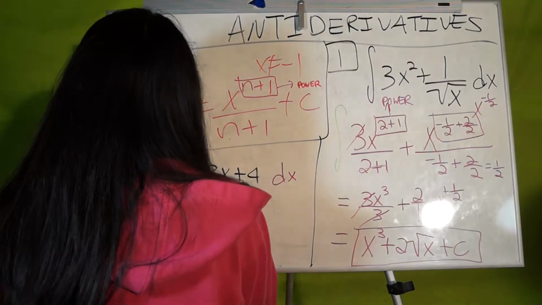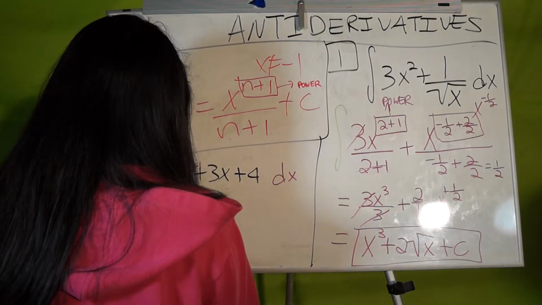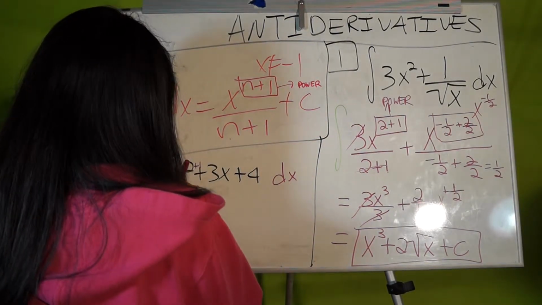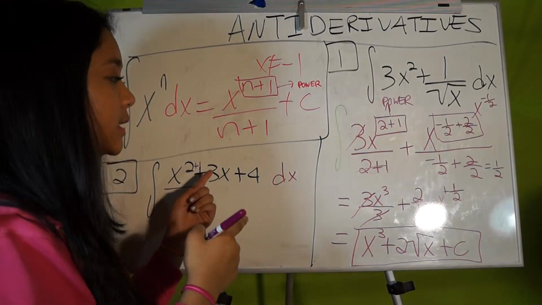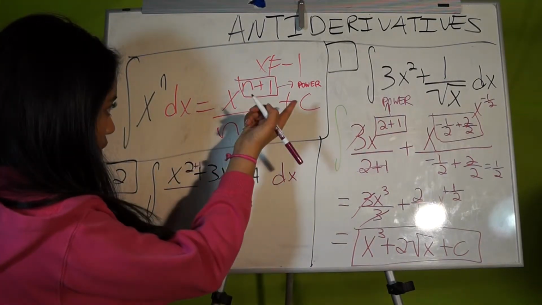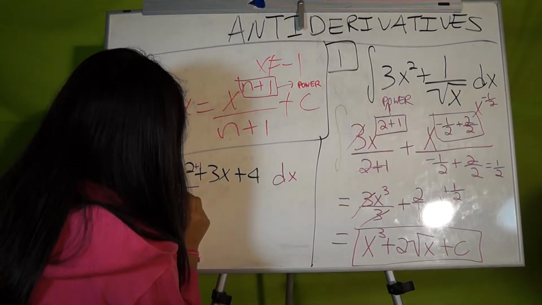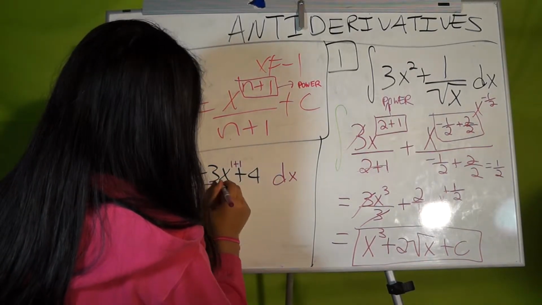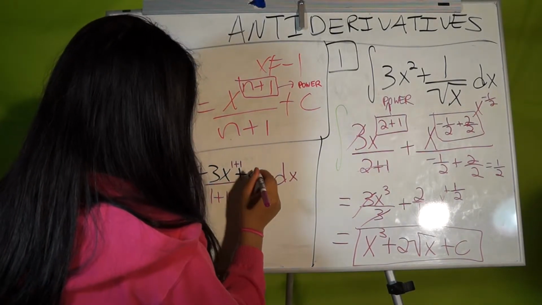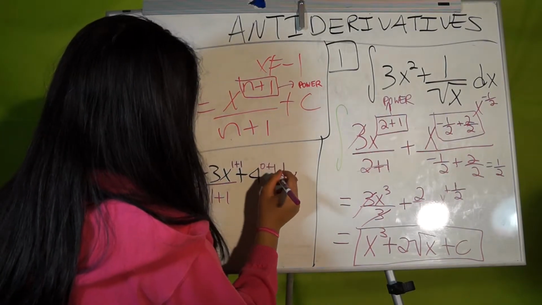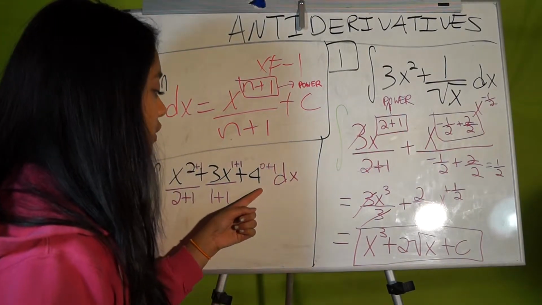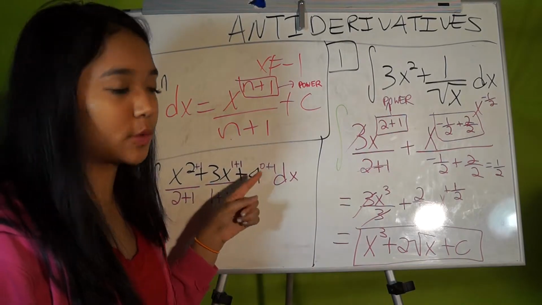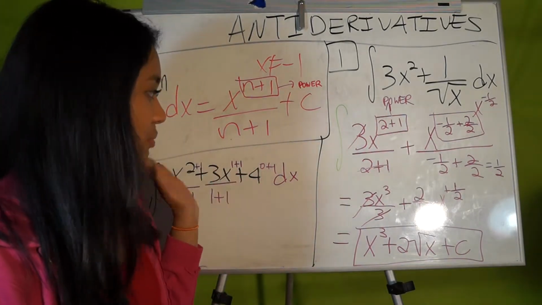We're going to add 1 to the power, and then divide by whatever the power sets to according to this rule. So it'll be 2 plus 1, 3x to the 1 plus 1, all over 1 plus 1, and 0 plus 1, because remember, this has no x term in front of it. This is just a number.